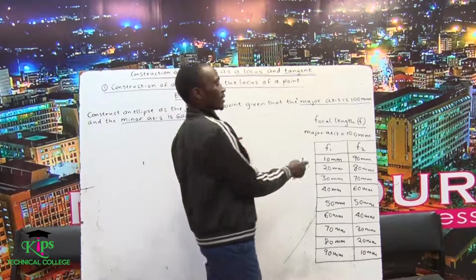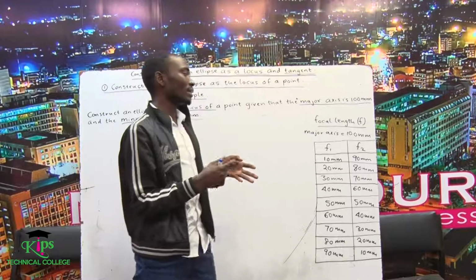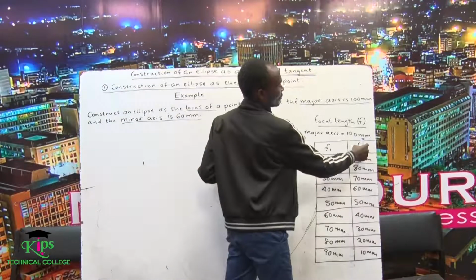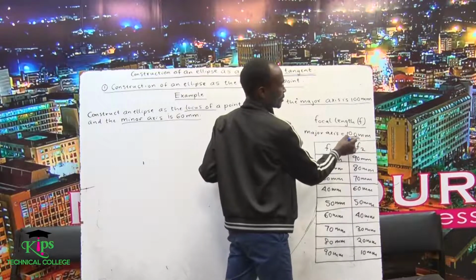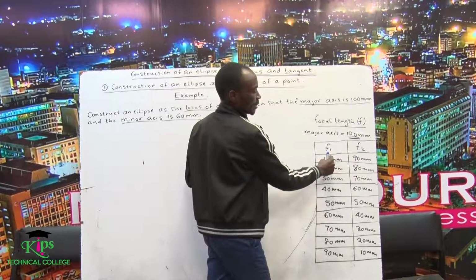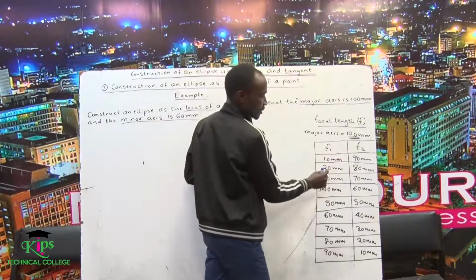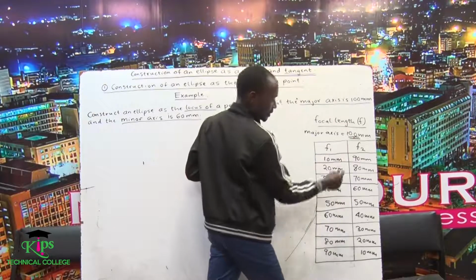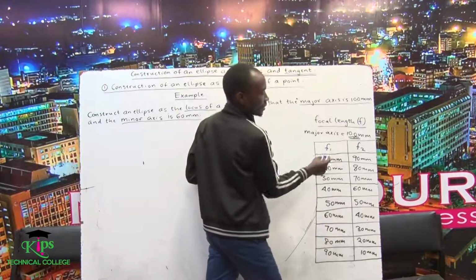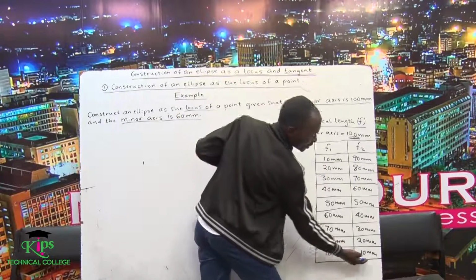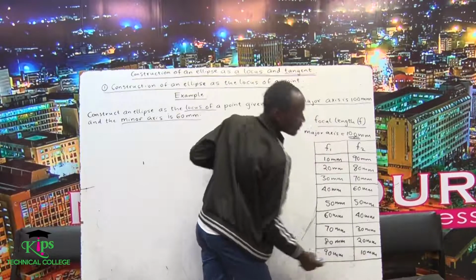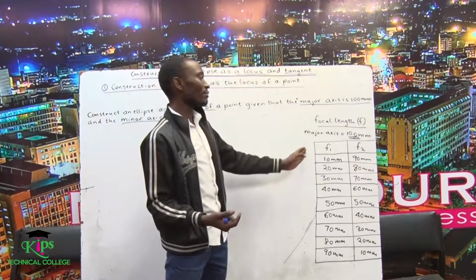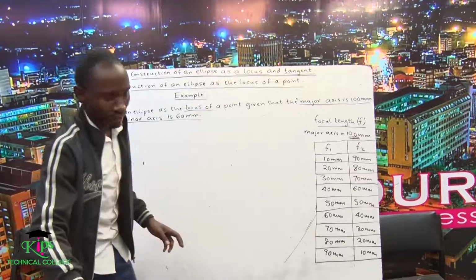And the reason why is once you add whatever you get in F1 to F2, it should again give you the 100 millimeters. When you add 10 plus 90, you get 100. 20 plus 80, you get 100. 30 and 70, 100. 40 and 60, 100. So they should move all the way until you again arrive at the 10 millimeters. So this is the kind of table that you should make.